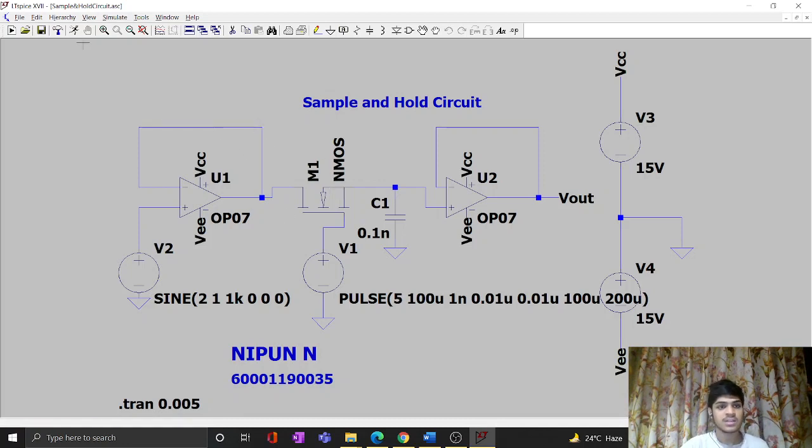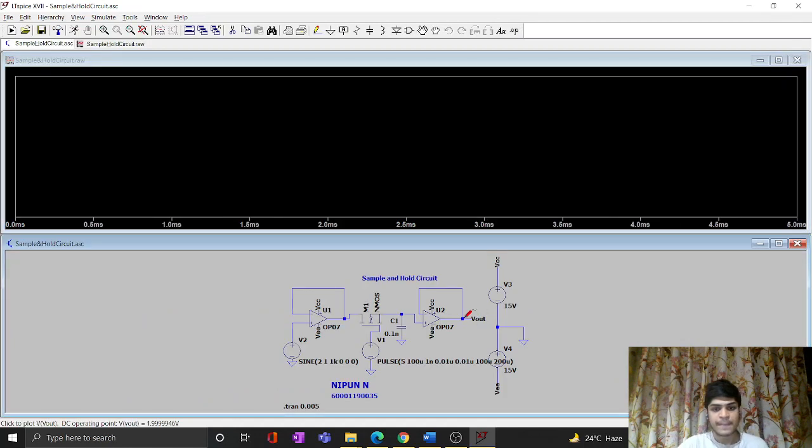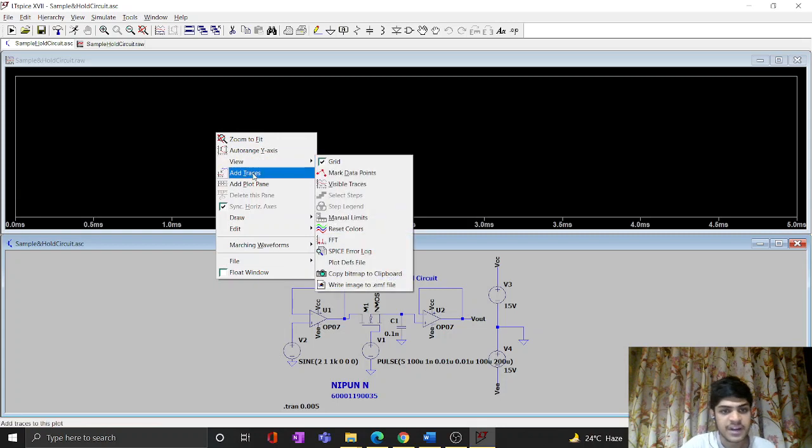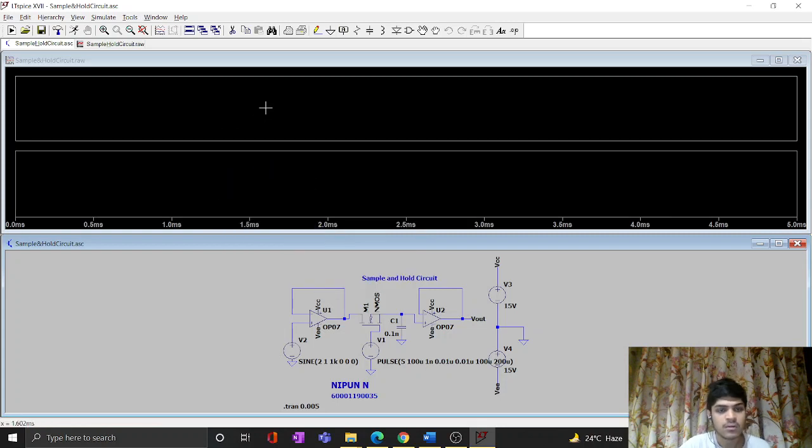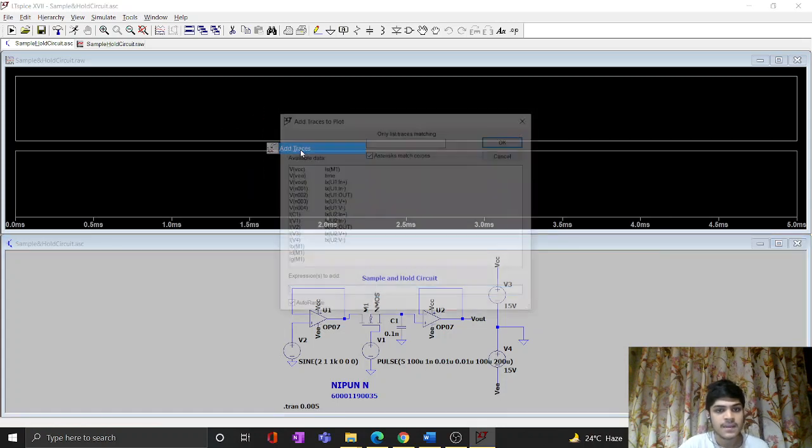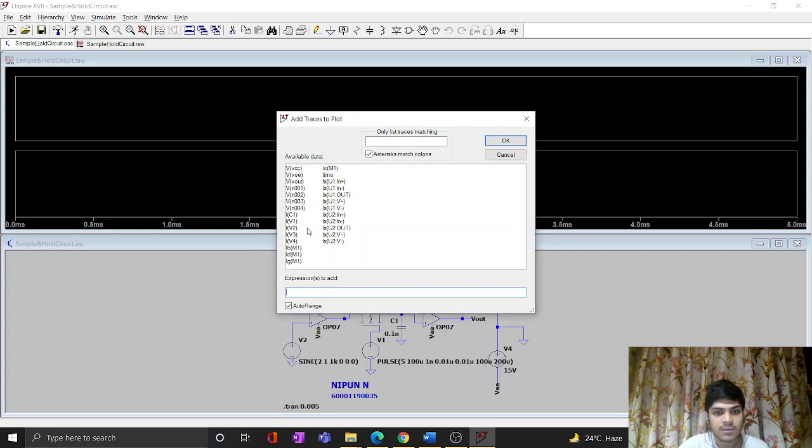So I'll simulate this circuit. I'll divide the planes into two. The first plane will indicate the squared input, that will be E4.